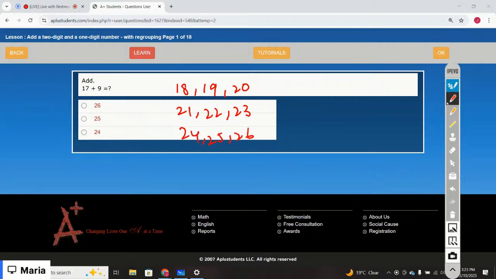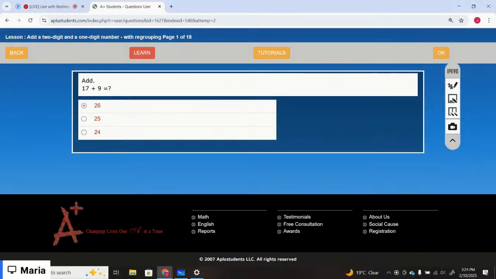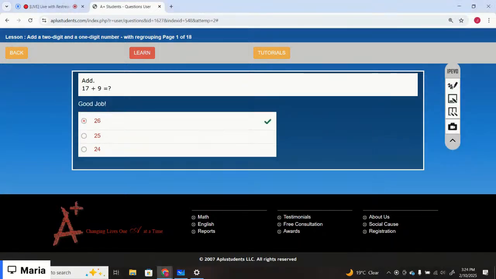So 17 plus 9 is 26. The correct option is option number 1. That is 26. Option number 1 is the correct option.